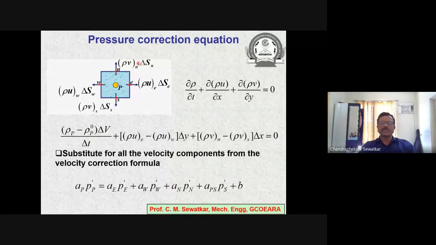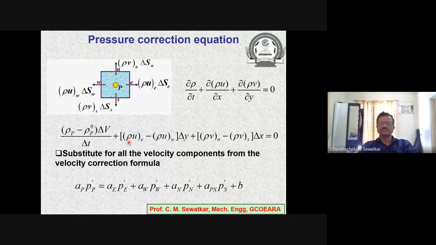In the discretized form, we have seen this is del rho by del t plus del rho u by del x plus del rho v by del y, my continuity equation. If I take the algebraic summation of all these terms in the discretized form, I can write down the equation as (rho p minus rho p 0) upon delta t into delta v. This is my unsteady term.